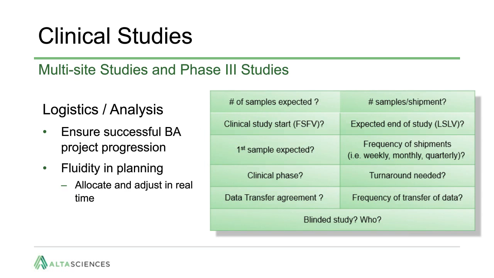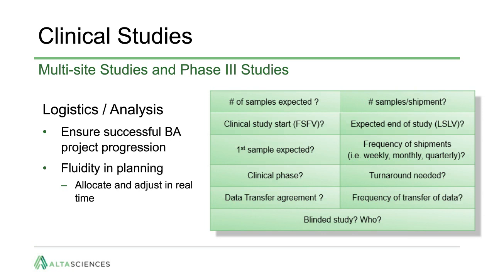For multi-site and long-term clinical studies, logistics of analysis becomes a critical component in ensuring successful bioanalytical project progression. Discussions on the points in the table, such as the number of samples expected, the number of samples per shipment, when is the clinical study starting, the first subject, first visit, the expected end of the study, the last visit of the last subject.